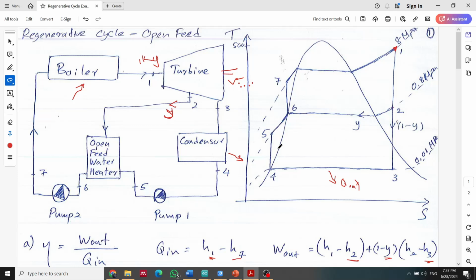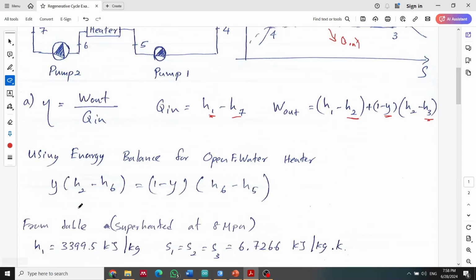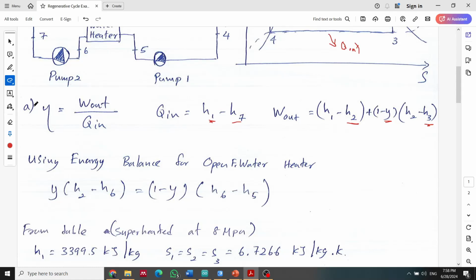If you remember, the pumping is V delta P, equal to H5 minus H4. To find H5 we need H4 also, therefore we need to figure out all the H values, H1, 2, 3 up to 7, to find the eta. Therefore let's first figure out all the enthalpy values, then we can come back to point A and calculate the eta.